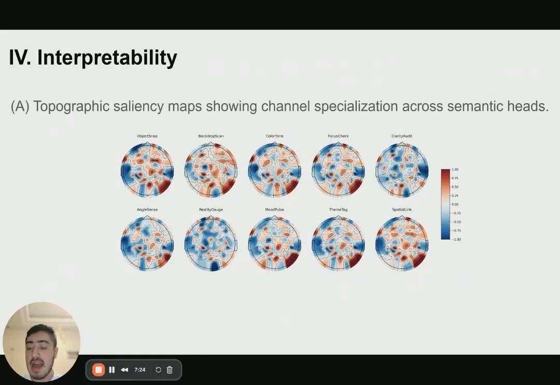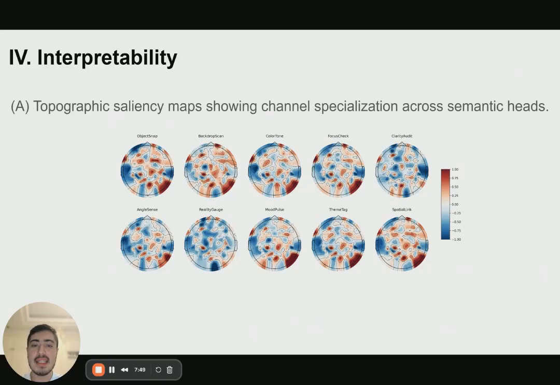We averaged this across the whole dataset, which gave us one single EEG activity map across time and electrodes. Then we computed the average across the time dimension, so we get the activity across the electrodes, and we plotted them using topomap plotting tools, and we got these images per head.